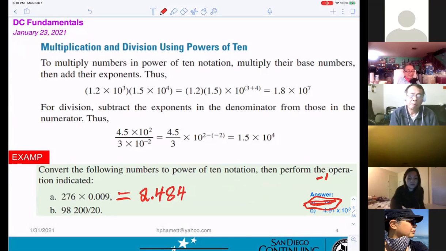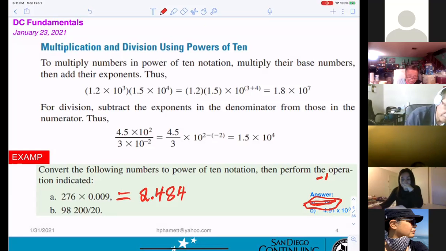Okay. Next one, what do you get? Is it 4.91? That's correct. So the first one is wrong, but the second is correct: 4.91 times 10 to the power of 3.